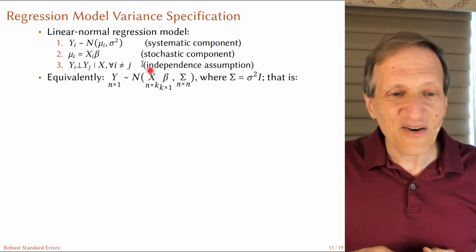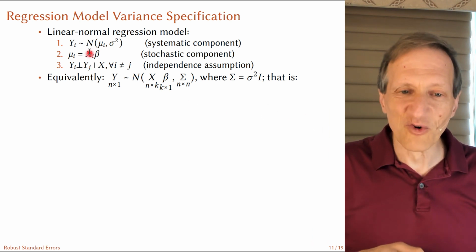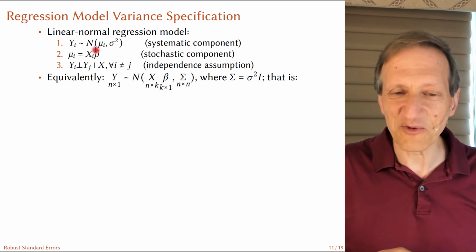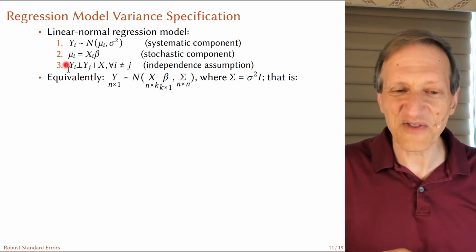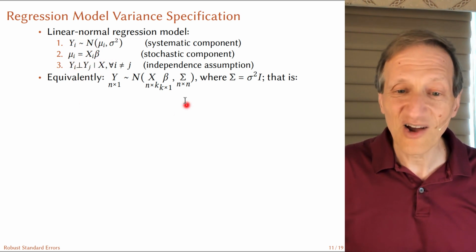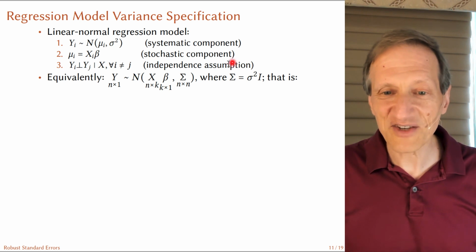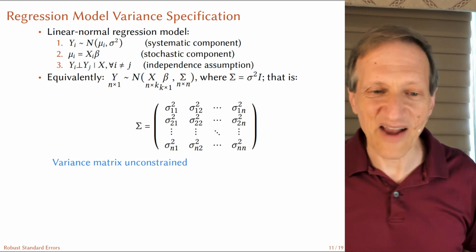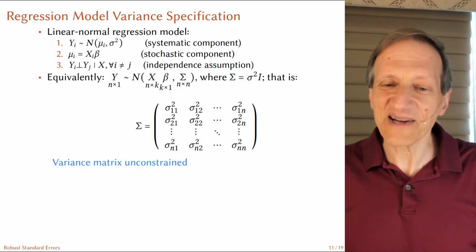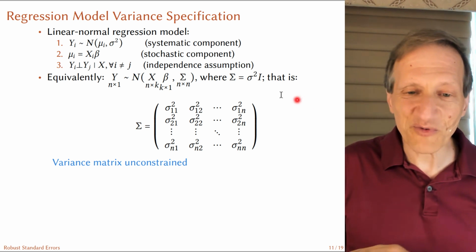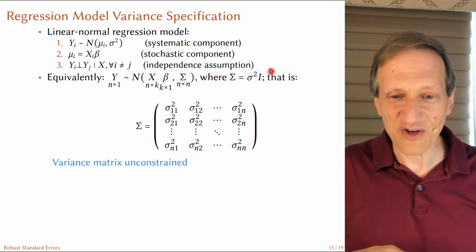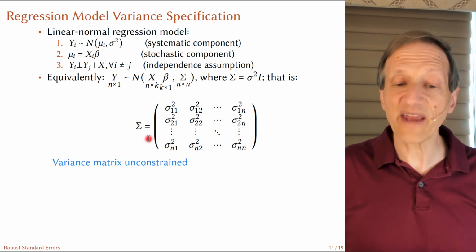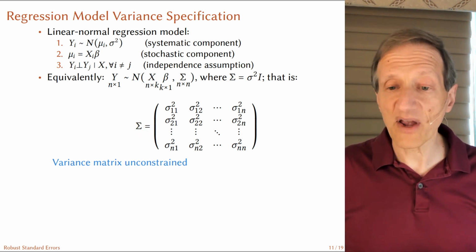So the three rules of the linear normal regression model, the statistical model, can all be expressed with this variance term. All right, so let's write out the variance term. The variance, which is equal to sigma squared I, we can write in the most general framework in this way.